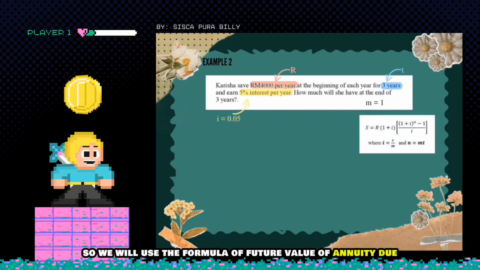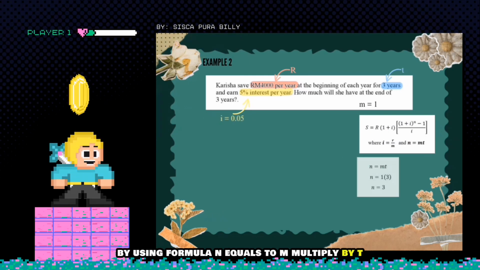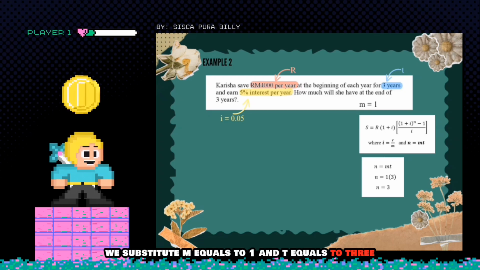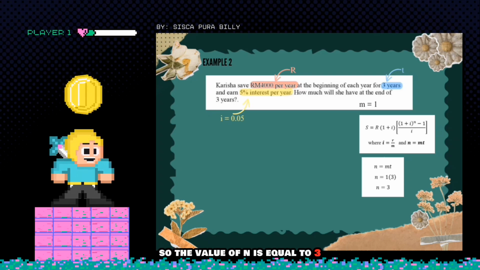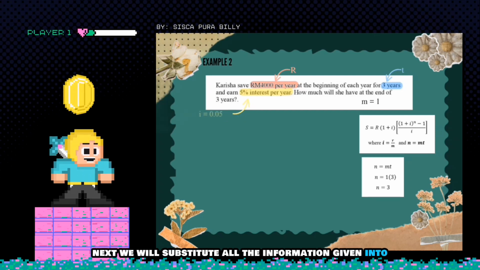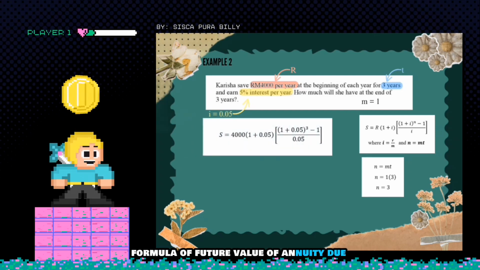So, we will use the formula of future value of annuity due. By using the formula N equals M multiplied by T, we substitute M equals 1 and T equals 3. So, the value of N is equal to 3. Next, we will substitute all the information given into the formula of future value of annuity due.